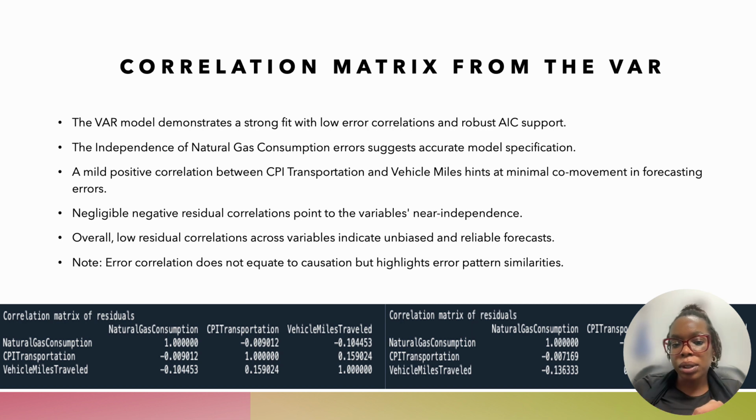There is a mild positive correlation between CPI transportation and vehicle miles traveled, which hints at minimal co-movement in forecasting errors. Overall, there is low residual correlation across variables, indicating unbiased and reliable forecasts.